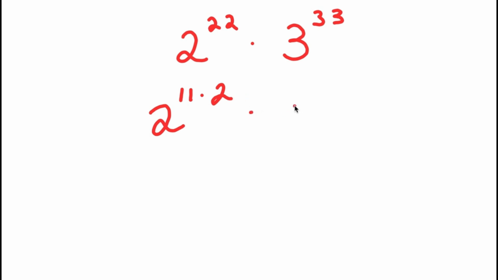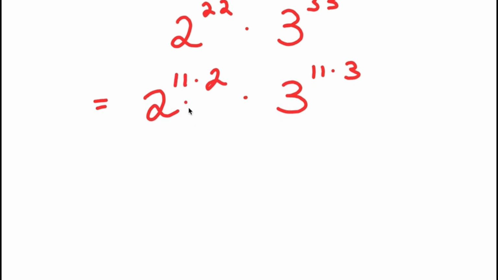And now I have this times 3 to the power of 33. Well, 33 is, again, a multiple of 11. That's the same thing as 11 times 3. So this is equal to 2 to the power of 11 times 2 times 3 to the power of 11 times 3.